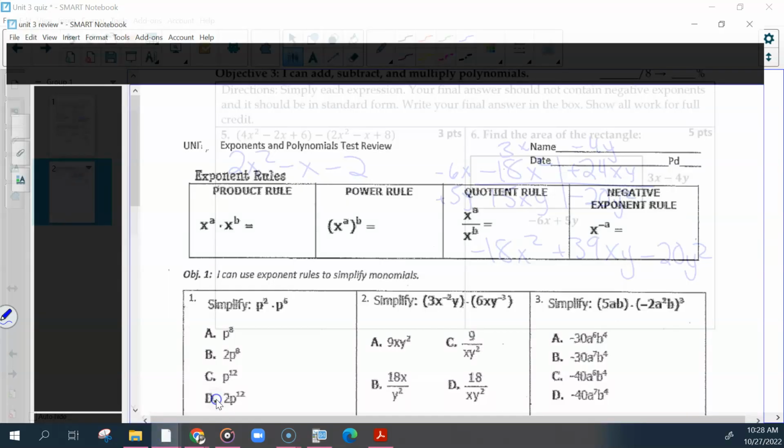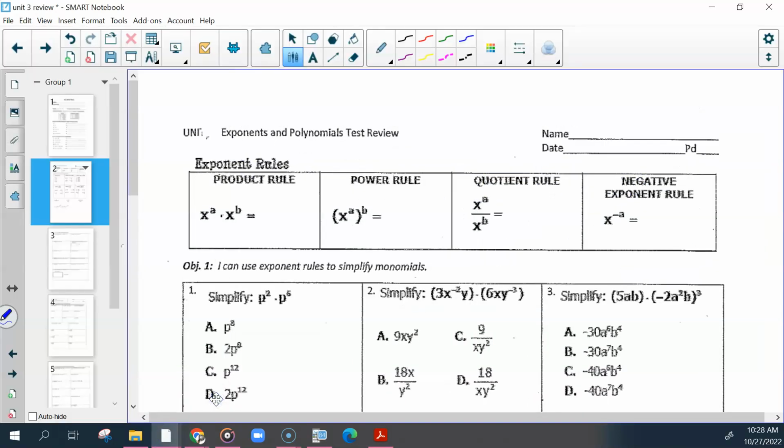On your review, do you have any last minute questions? You'd have to tell me which page and which number.